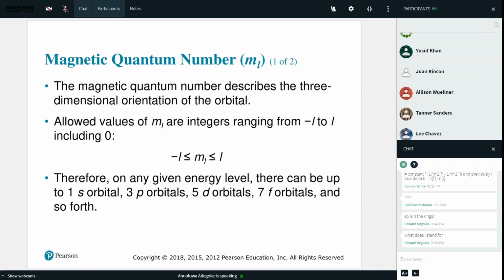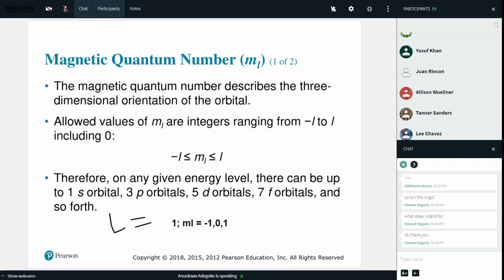What that means is, if L stands for the angular momentum quantum number, and L equals 1, then ML will be equal to minus 1, 0, and 1.